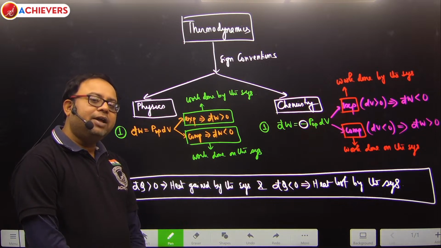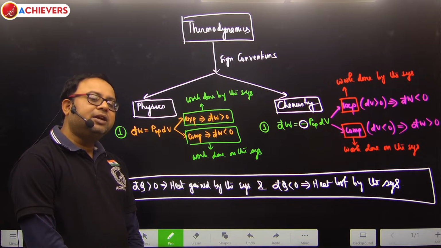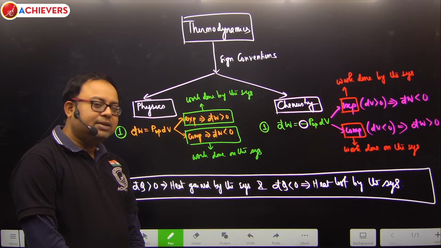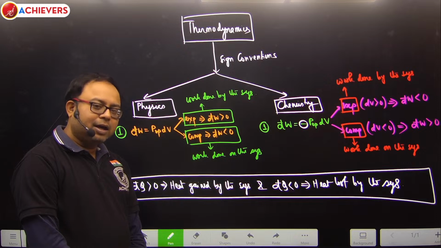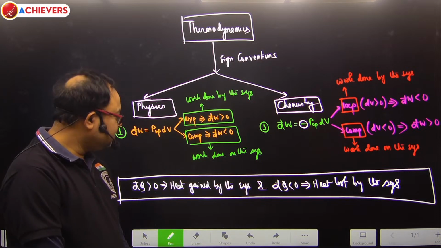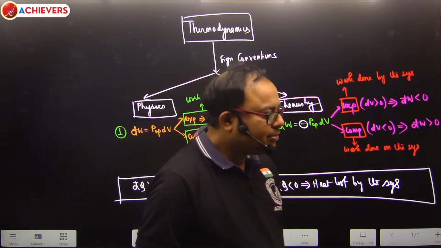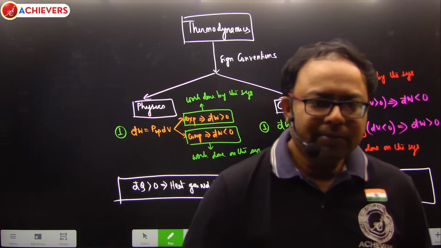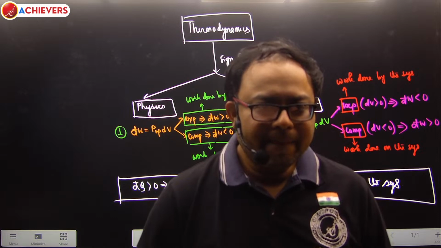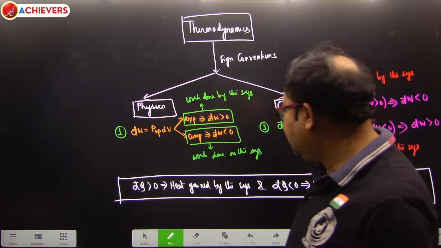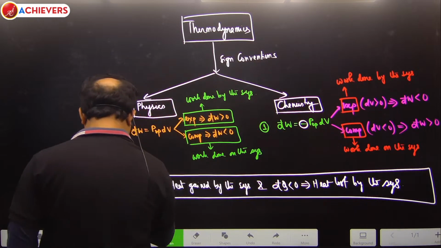So the convention of work is reverse for physics and chemistry, while the convention of heat is all the same for both the branches. Okay. So this is number 2.